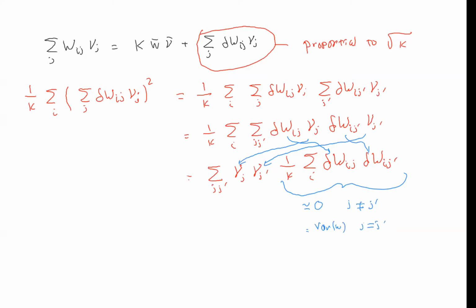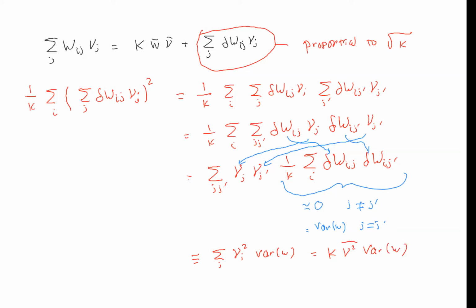Okay, so all the terms with j not equal to j prime go away in the sum, and this is approximately equal to the sum on j of nu j squared times the variance of w. We're just averaging, which is equal to k, the second moment times the variance of w.